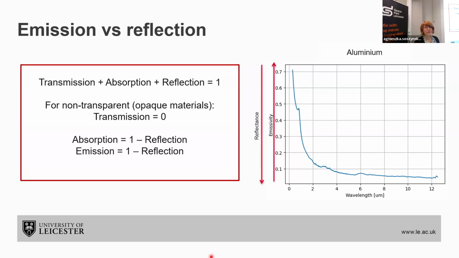So on the plot on the right, you have a spectrum of aluminum in the wavelengths between visible and thermal. And the higher the emissivity, the lower the reflectance. This is quite intuitive if you think about aluminum, because aluminum is very bright. It can also be used to produce a mirror.